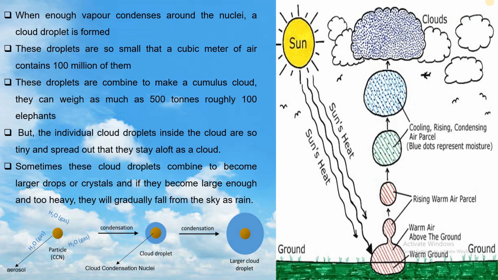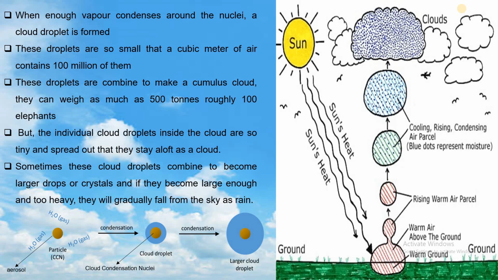Similarly, in the atmosphere, who is responsible for holding the tiny droplets of water or ice crystals formed by condensation? Those are nothing but aerosols. Aerosols are nothing but dust particles, salt, smoke, soot. All of these come under dust particles, on which the condensed tiny droplets of water or ice crystals stick. This is how the tiny droplets stick to the surface of dust particles, smoke, soot and so on.